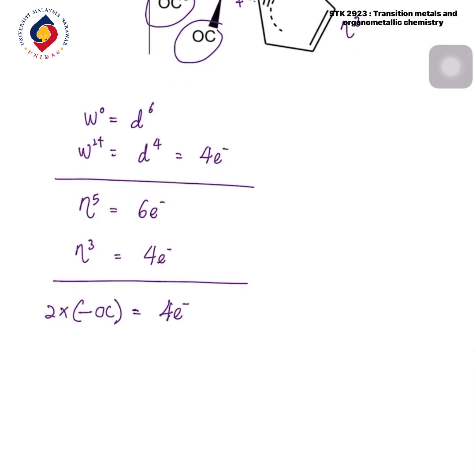The total of these electrons is 4 electrons plus 6 electrons plus 4 electrons plus 4 electrons, equal to 18 electrons. So thank you.